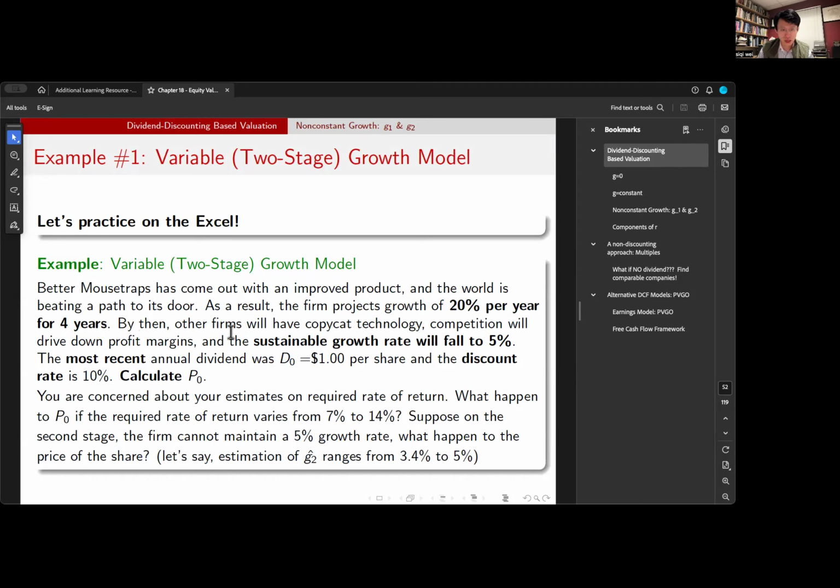By then, other firms will have a copycat technology, competition will drive down profit margins, and the sustainable growth rate will fall to 5% from 20%. The dividend just paid is given, a discount rate is given. What's going to be the share price?